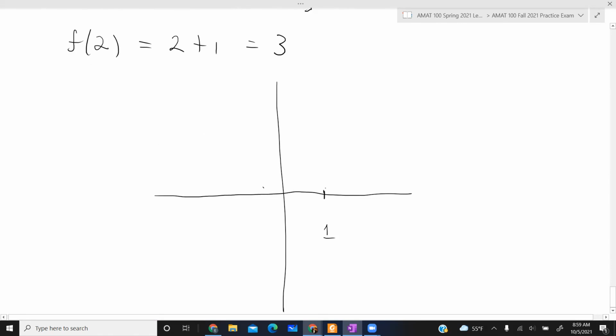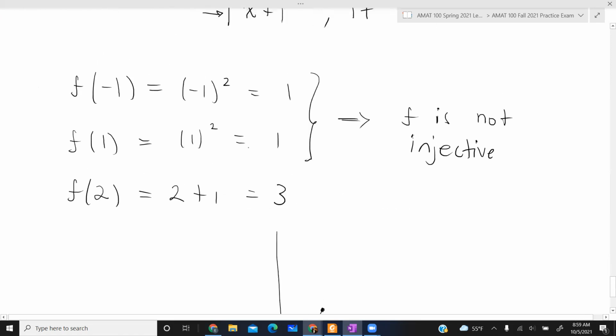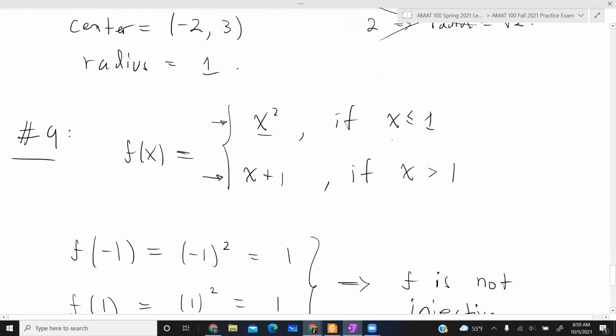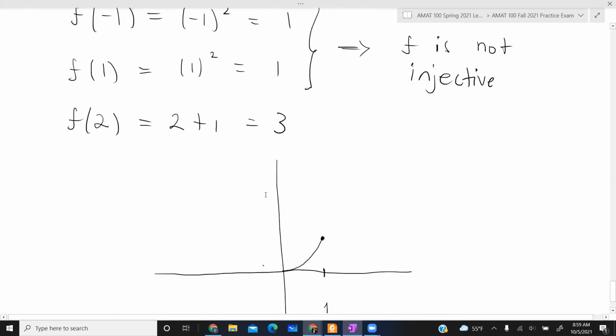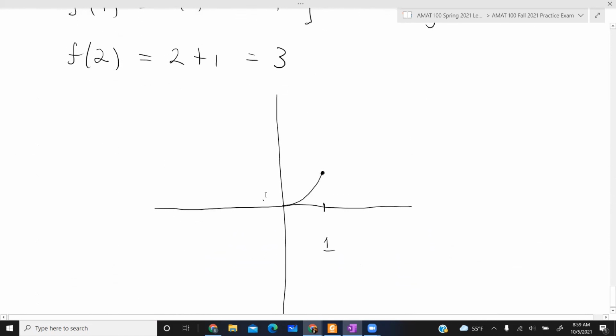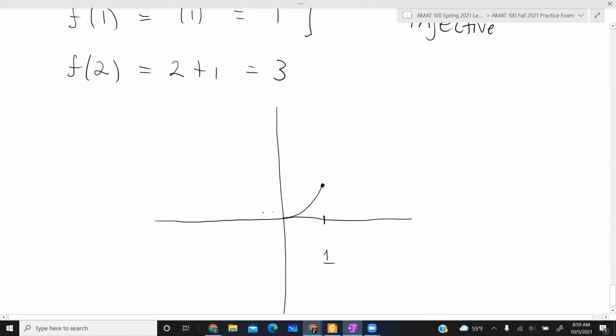So anything from -infinity up to 1 is going to look like our usual parabola, opening up like this, and it's going to be a solid circle here, because the definition says you look like a parabola if you're less than or equal to 1.